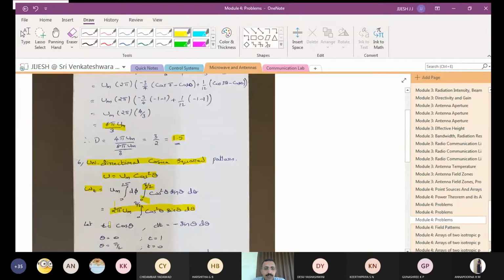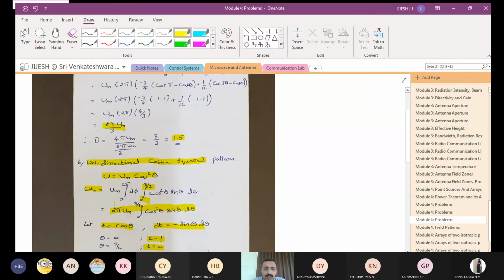How to do it: take t is equal to cos theta. So dt will be minus sin theta d theta. You know how to do the integration further. For theta is equal to 0, you will get t is equal to 1, and for theta is equal to pi by 2, you will get t is equal to 0.